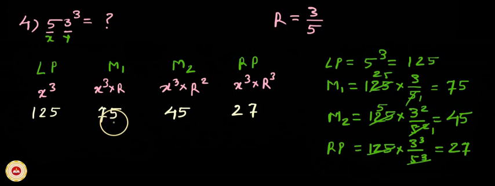Now friends, we have calculated the values of left part, m1, m2 and right part. Now it is time to multiply m1, that is 75, by 2 and write below 75. 75 multiplied by 2 is 150. Now multiply this 45, which is the value of m2, by 2, which is 90, and write 90 below 45. Okay, m2 means middle part 2, m1 means middle part 1.